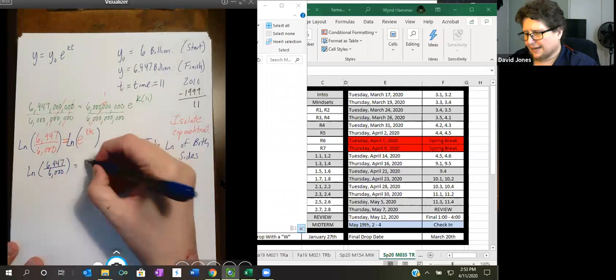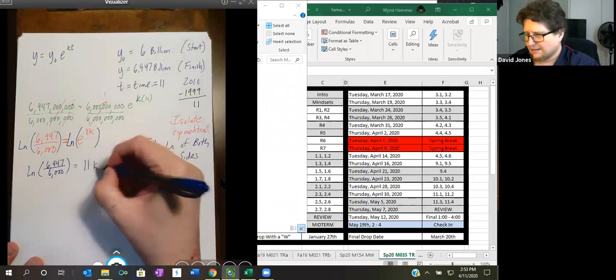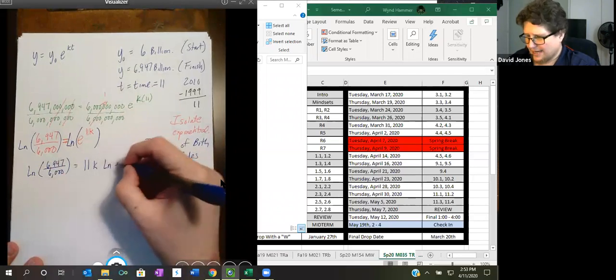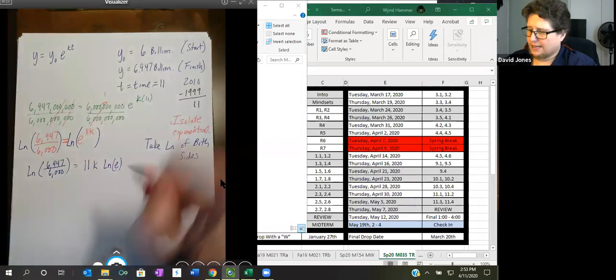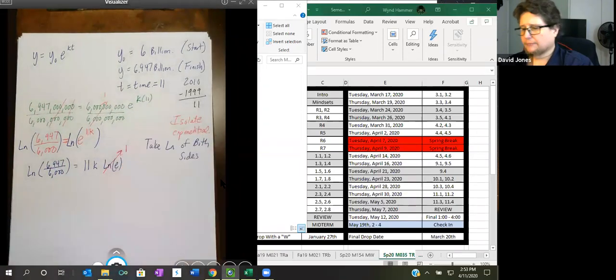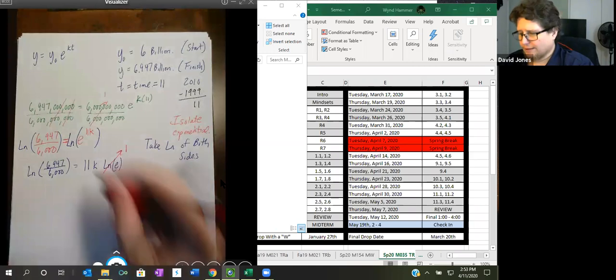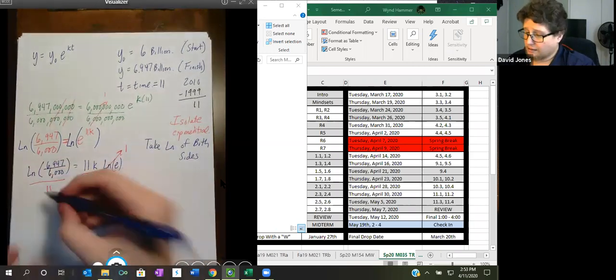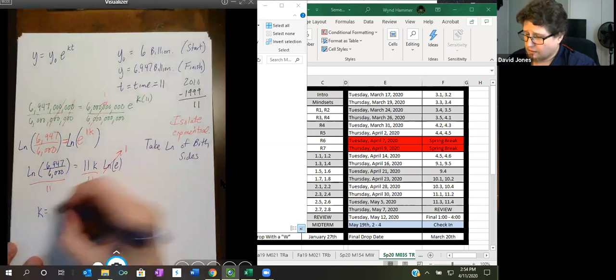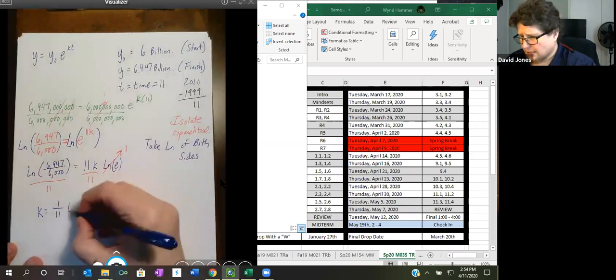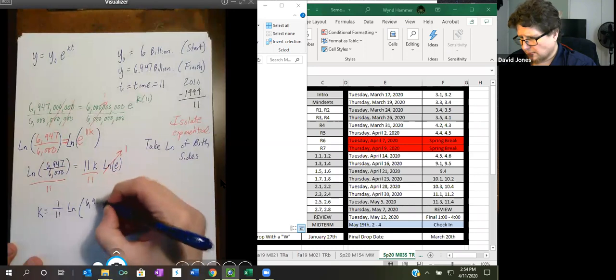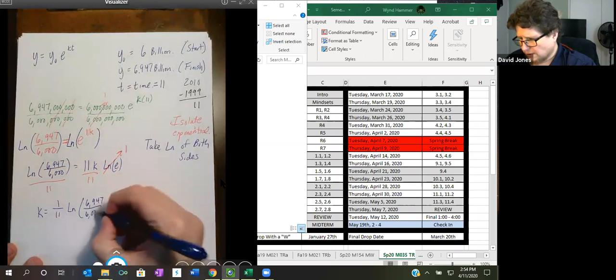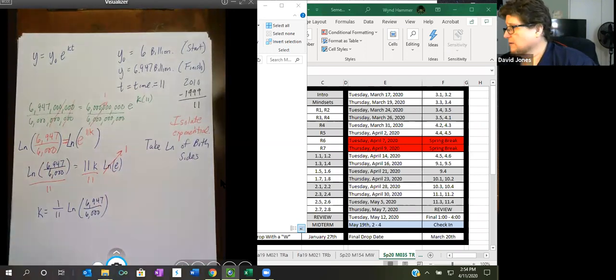We can pull the 11k down, and we have natural log of e, which we've seen repeatedly is 1. We divide by 11 and we get k. What is that value?